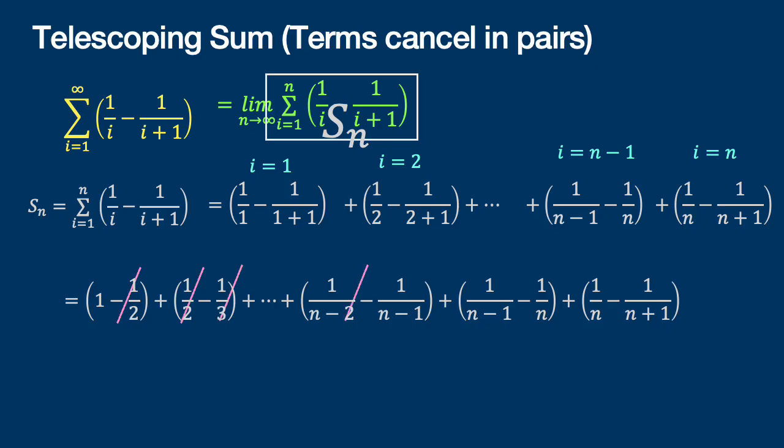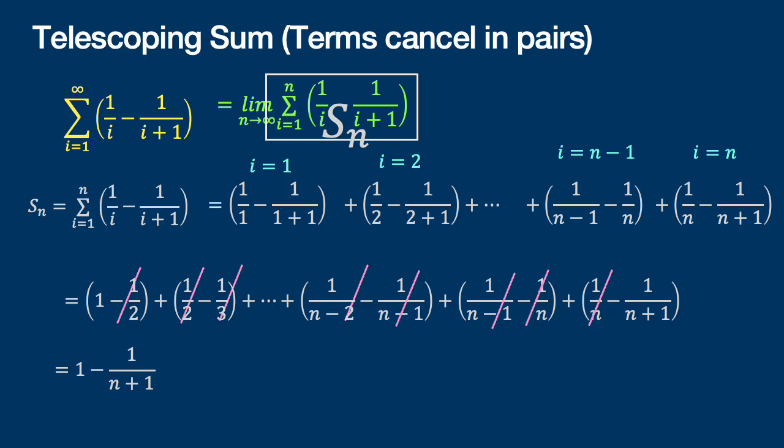The 1 over n minus 1 cancels out, and the 1 over n cancels out. So what you have right now is 1 and the last term. The partial sum is going to be 1 minus 1 over n plus 1. So the middle part cancels out. We only have the first term and the last term.